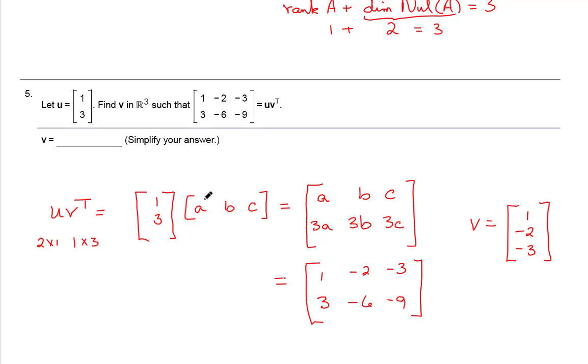So my unknowns are A, B, and C, and it has to be of this format. Well, matching that up with what we need it to be, you can see A is 1, B is minus 2, and C is minus 3, giving my vector V in R3 of this particular format.